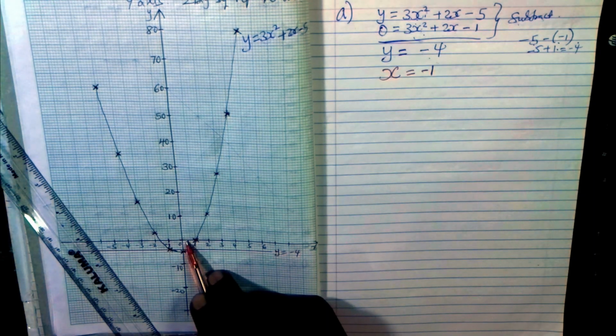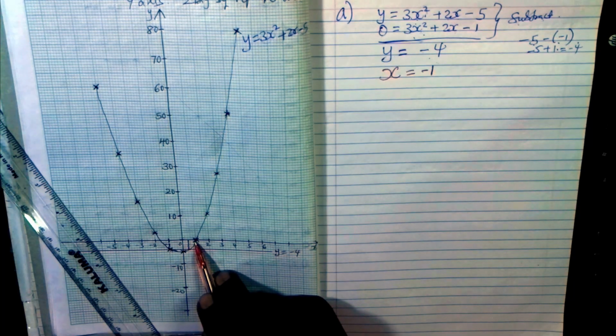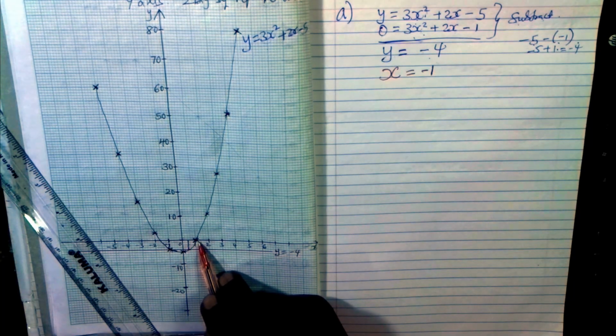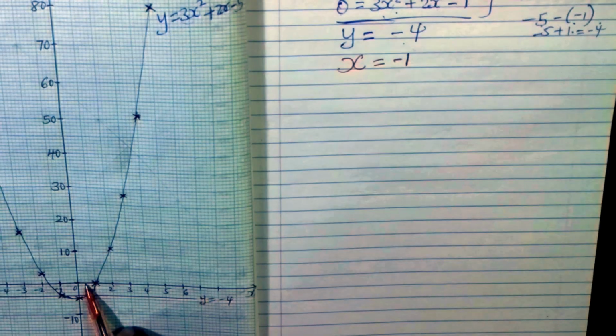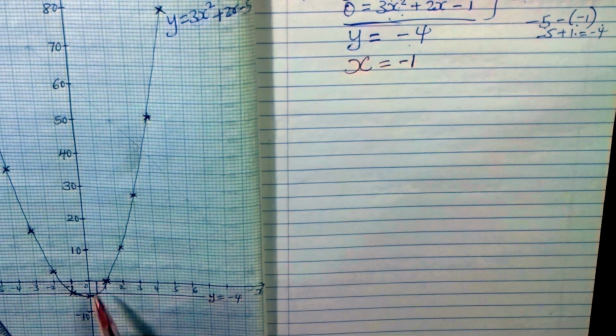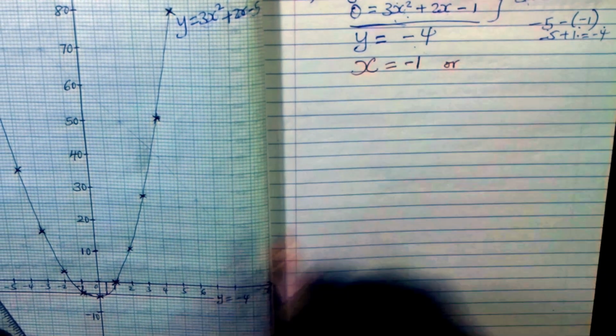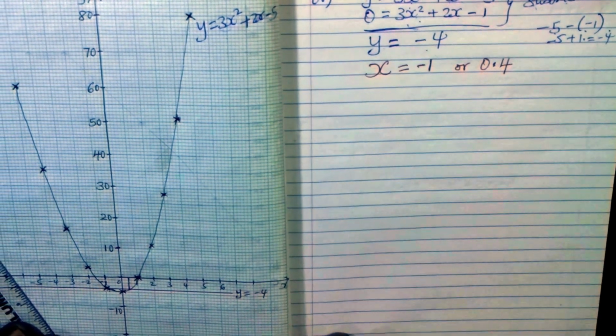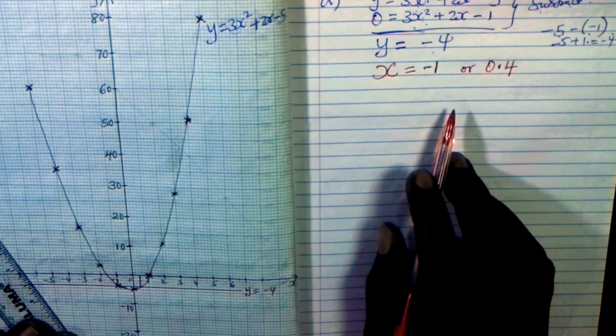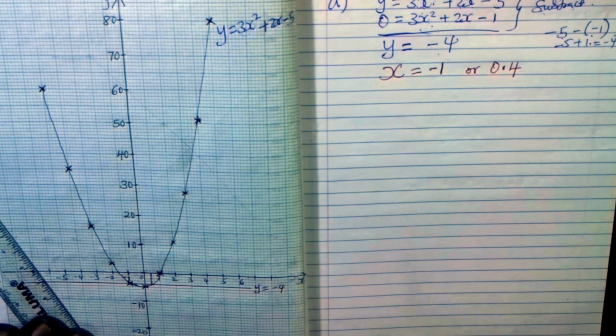So from here we need, one small box represents what? And that is 1 divided by 5, we get 0.2. So here there are 2 small boxes, 0.2 times 2. So x is 0.4. So that is the value of x on the graph at that particular point.